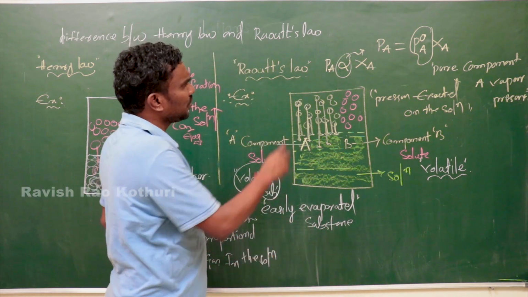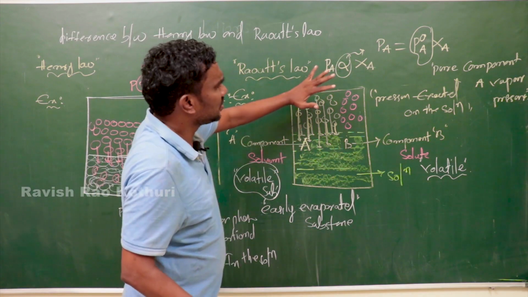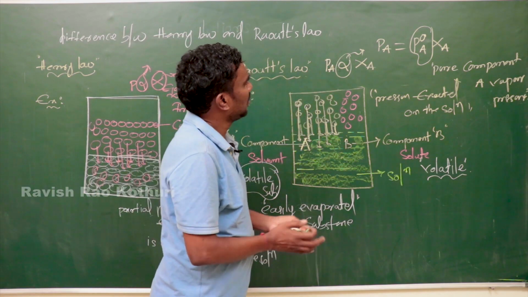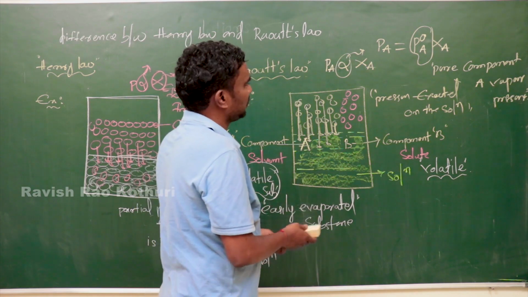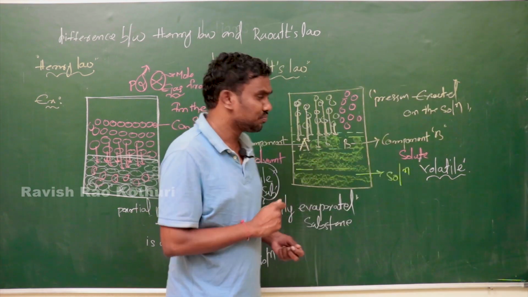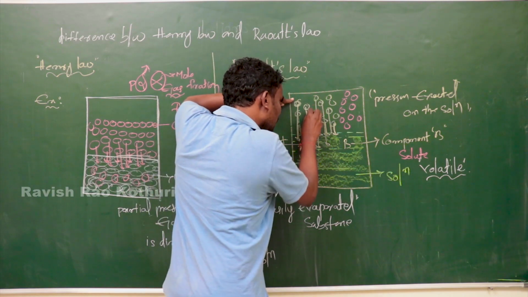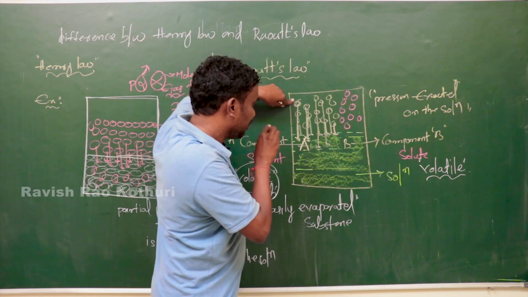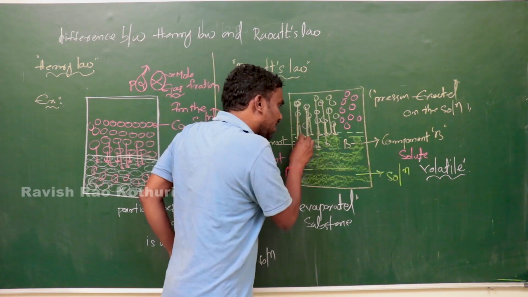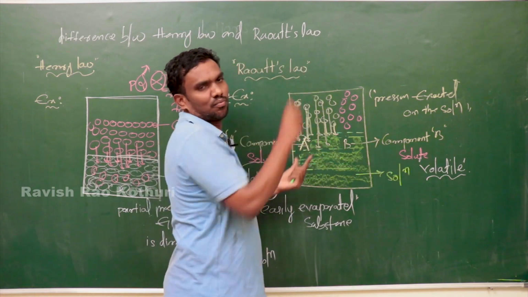That's all. See, this is about Raoult's law, my dears. Observe carefully here the definition of Raoult's law. The vapors exert the pressure on the surface of a liquid. So, what it means actually is that the mole fraction of A is more. So, that is the reason vapor pressure is more.